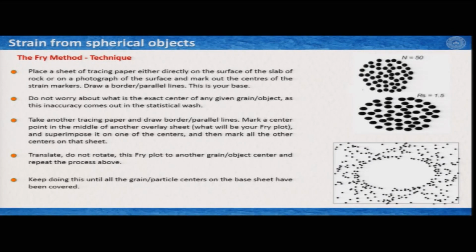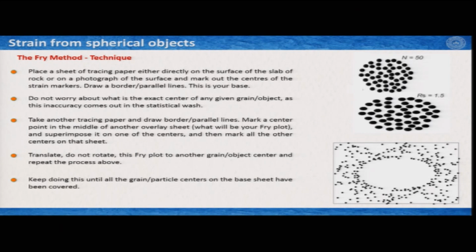You need two sets of tracing papers for that. The best idea is to take a photograph and have a printout, and overlay a piece of tracing paper on this printout.